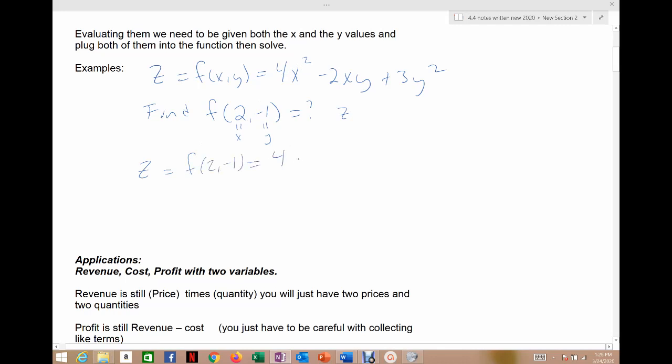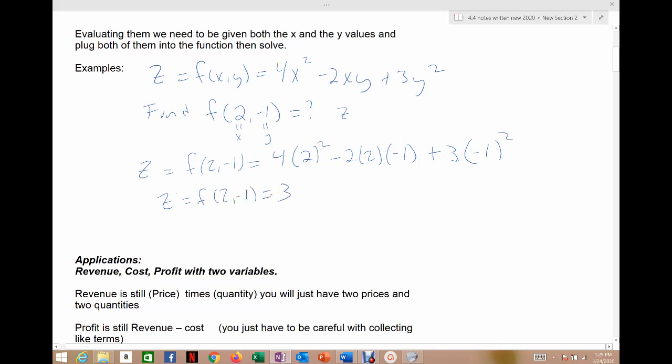So we're going to take 4 times 2 squared minus 2 times 2 times negative 1 plus 3 times negative 1 squared. The biggest thing is make sure you're careful of the negative. Remember, it's squared, so it should come out positive 1. Alright, it comes out 23. So the function value, or the z value, f of 2 comma negative 1 is 3.